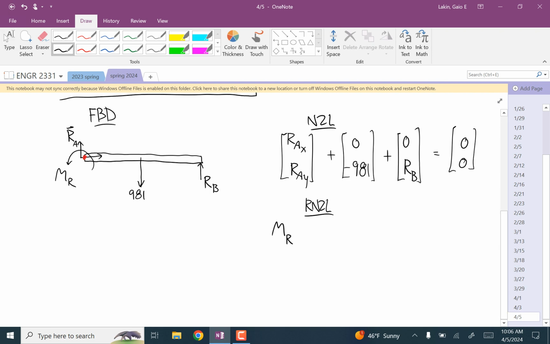We have MR minus 1.5 times 9.8 times 981. That's 1471.5. And then plus 3 RB is equal to 0.